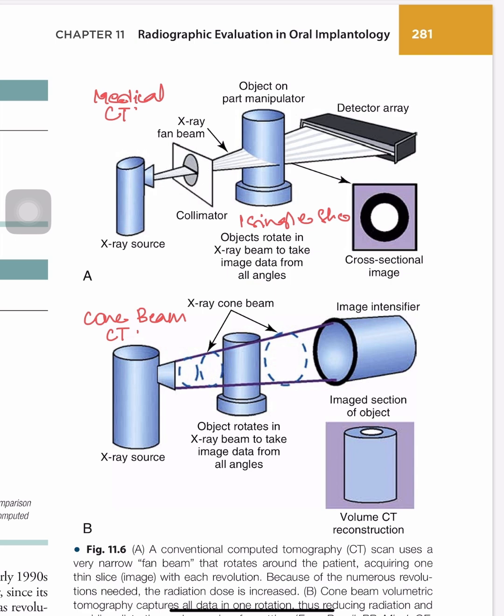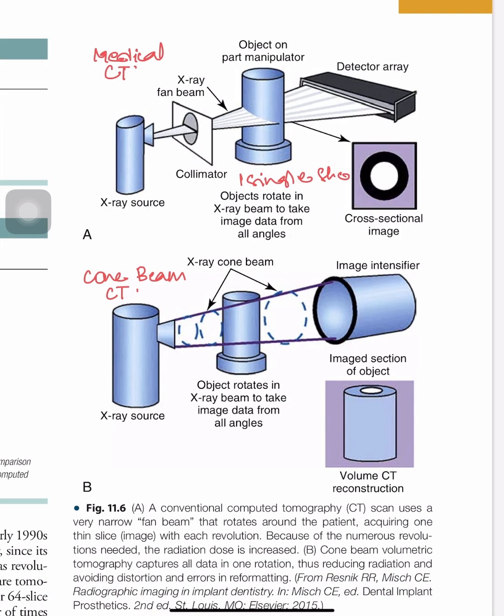So in this case, the radiation time is a lot more. When we talk about the cone beam CT, the X-ray source will revolve just once, and in one revolution it will cover all the images, all the slices, and then these slices are transformed into a computerized form.